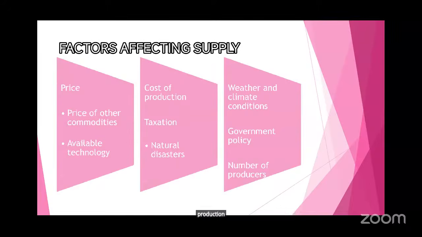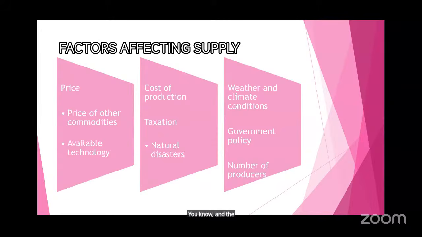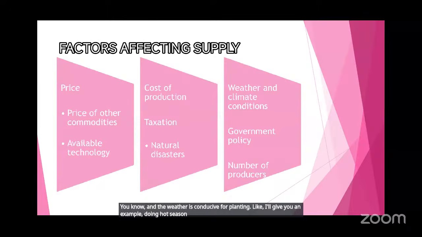Especially when we look at agricultural products, weather and climate conditions are also valid because in areas where there are farmlands and the weather is conducive for planting, like I give you an example, during hot season, planting becomes very strenuous as against when the weather is cold. So it affects production.